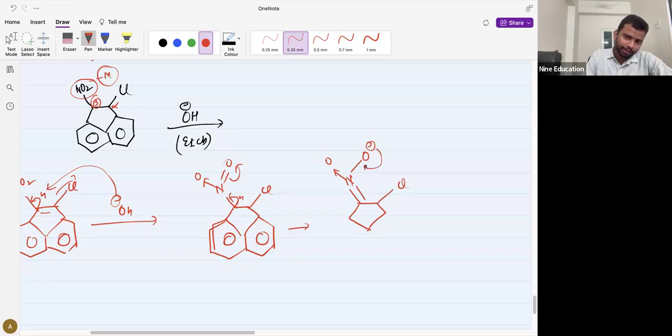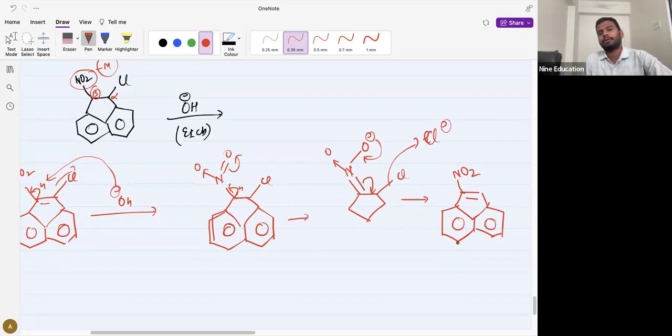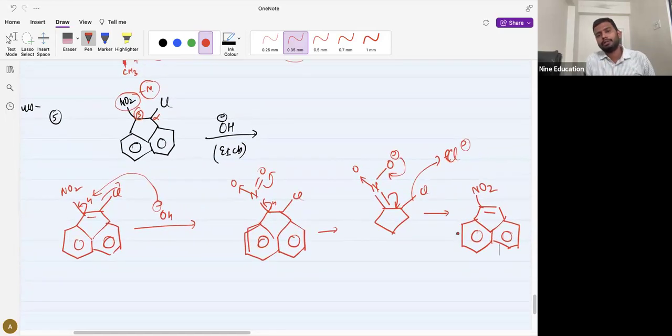Now O negative will come, make a double bond. This double bond will shift onto this single one and Cl minus will be removed. Chlorine will be removed as Cl minus. देखें, our product will be: double bond came here, NO2 will be here. So this is our product, and this is known as the E1cB mechanism.